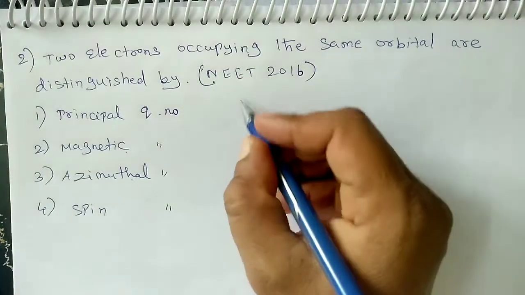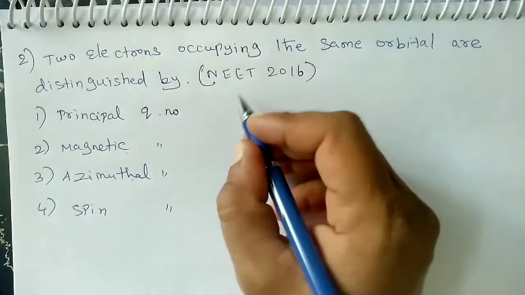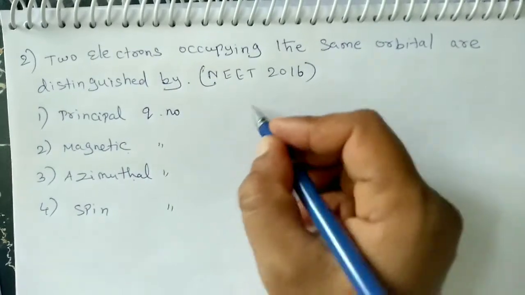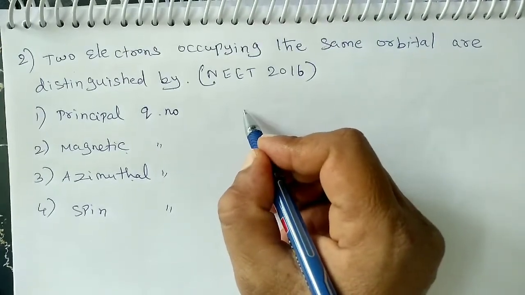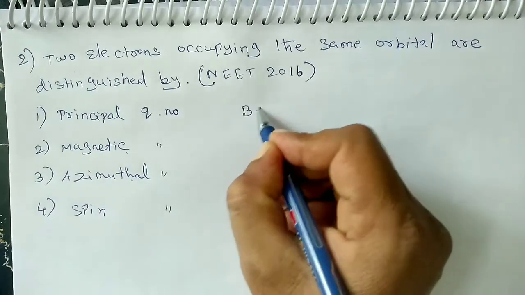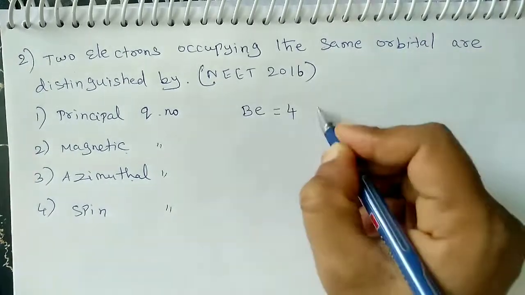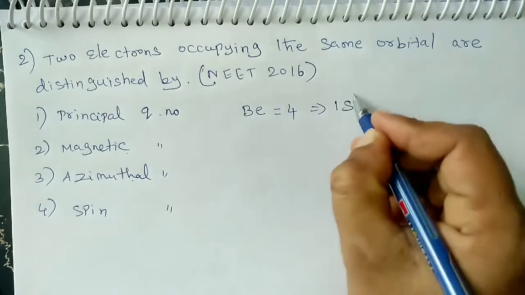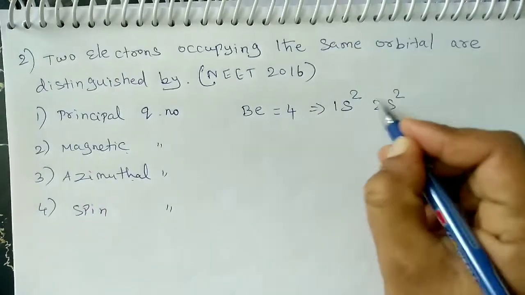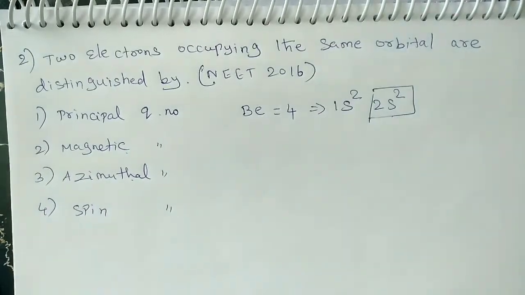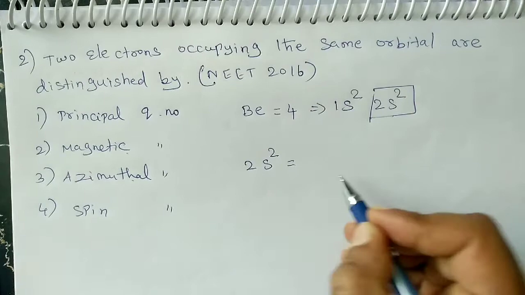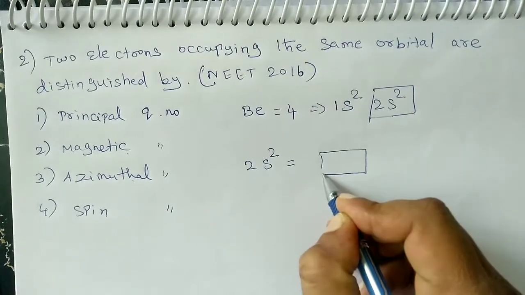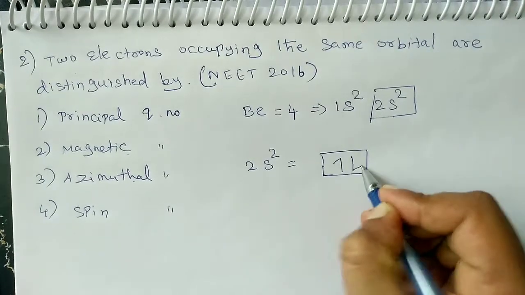Let us take an example, any one of the elements from the periodic table. Take beryllium, atomic number 4. Write the electronic configuration: 1s2, 2s2. Let us take the outermost electrons of 2s2. For the 2s2 orbital, the s orbital has 2 electrons.